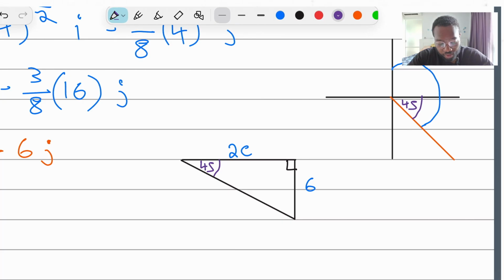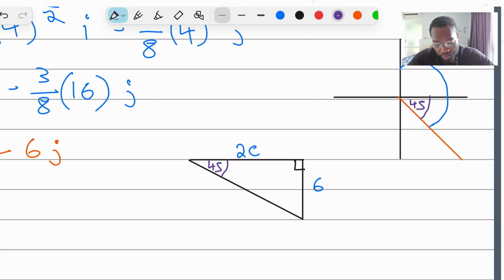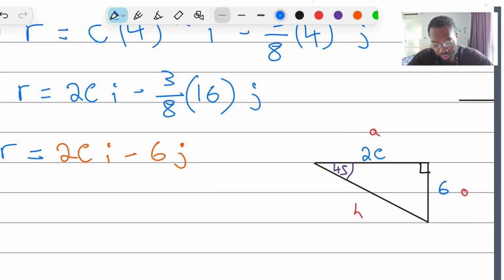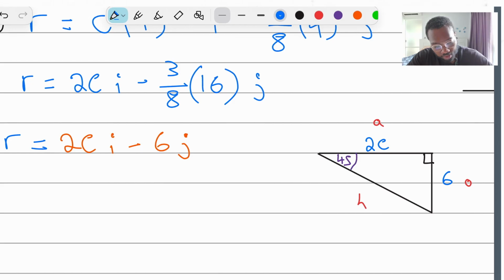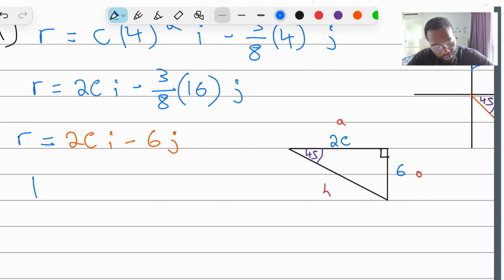We can prove that c is 3 from just using trigonometry, using SOHCAHTOA. If we label these, this is the hypotenuse, this would be the opposite, and this is the adjacent. So in this case, we have opposite and adjacent, so it's simply that tan 45 is equal to opposite, which is 6, over adjacent, which is 2c.